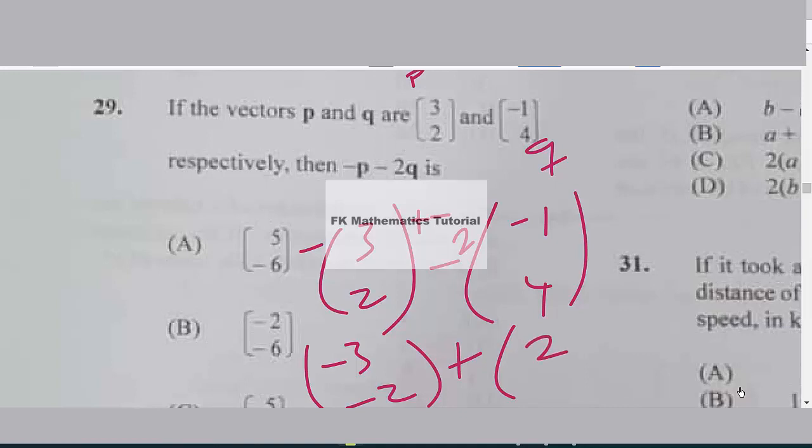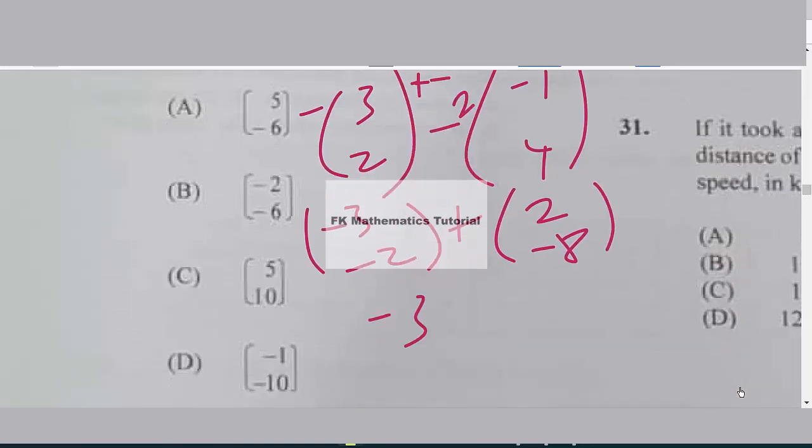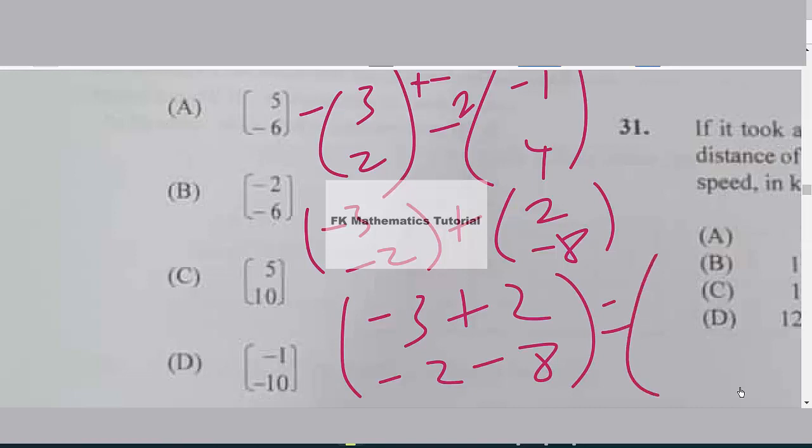Negative 2 times 4 is negative 8. Then I can now add negative 3 plus 2, then negative 2 and negative 8. And that will be equal to (negative 1, negative 10). So option D is correct.